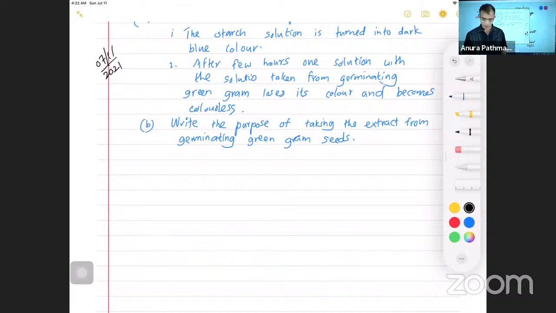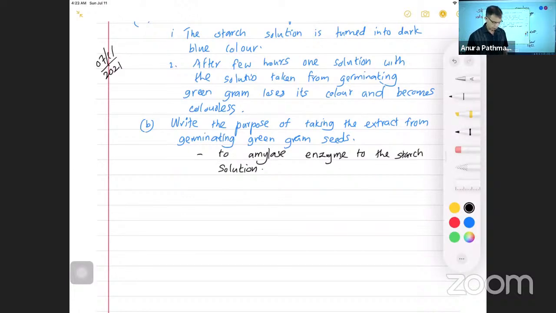Find the purpose of taking the extract from germinating green gram seeds. The purpose is to add amylase enzyme to the starch solution.